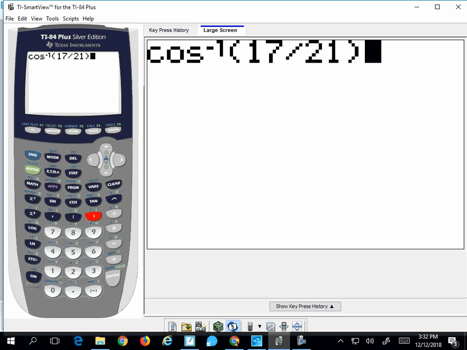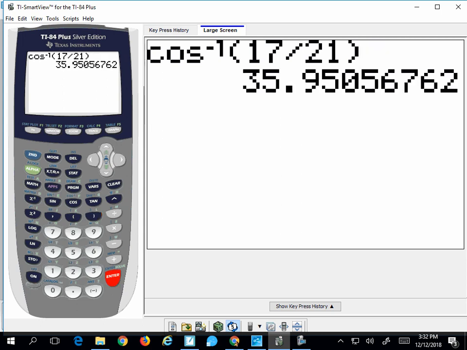Close your parentheses. Double check, make sure we have everything right. Cosine -1, 17/21 inside my parentheses. I hit enter, and I get 35.95, or could round that up to 36.